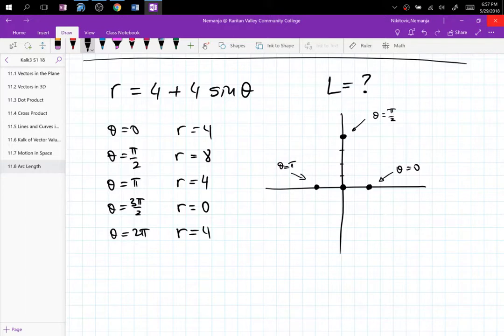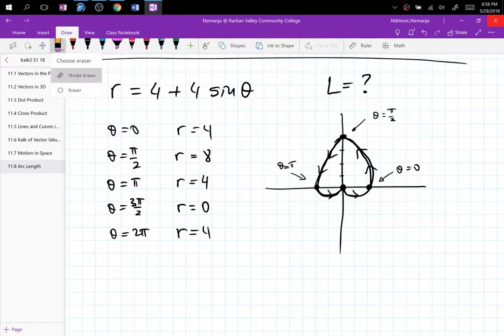So do you see this cardioid? The way this cardioid goes is this way. Did you have to draw arrows on it? Well, the arrows are this way if you want the orientation of motion.